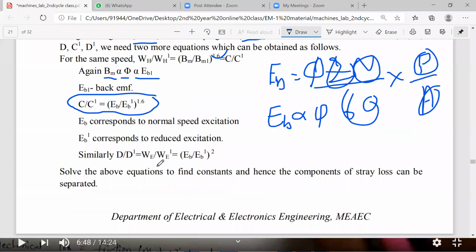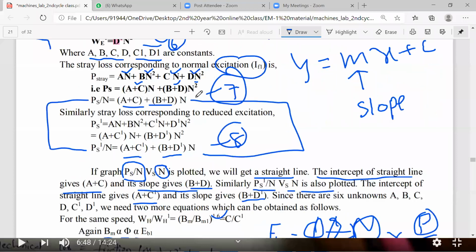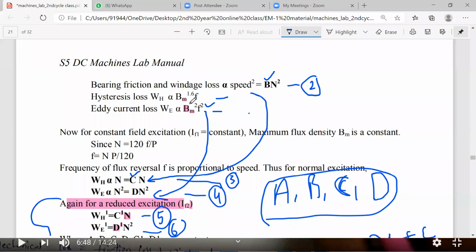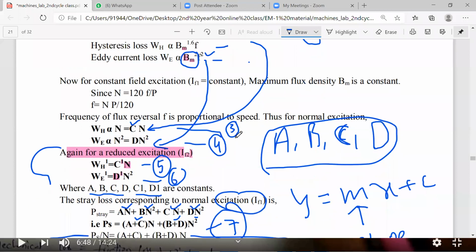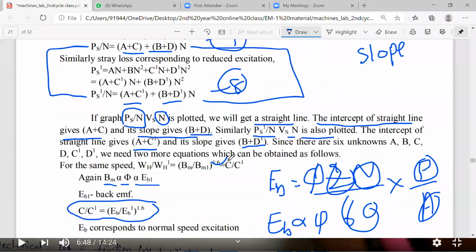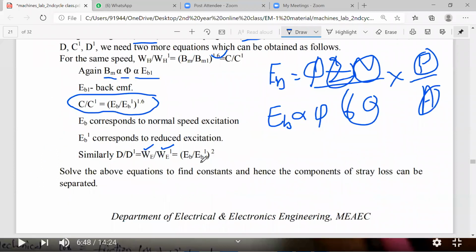Similarly, for the eddy current losses, WE by WE dash, old one and new one, is proportional to the same flux. See here, in the old equation, B maximum power square. So in that manner, EB by EB dash whole square. Here we obtained the square.